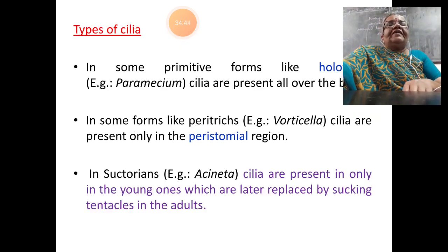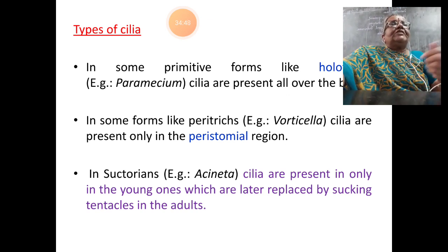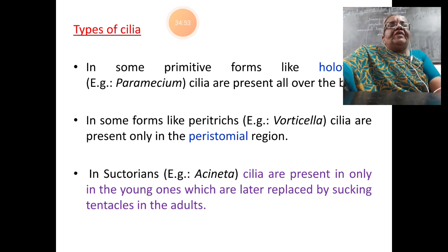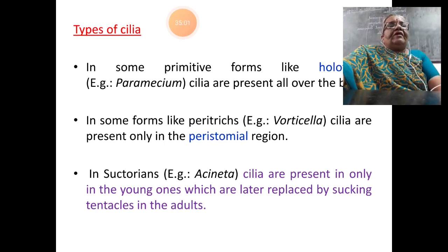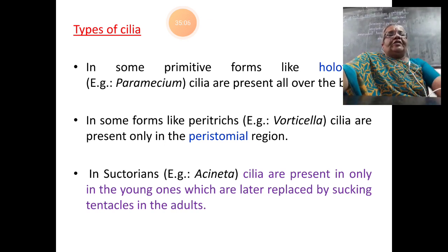Then types of cilia. In some primitive forms like Holotrichs, that is order Holotricha, to which paramecium belongs, cilia are present all over the surface of the body, whereas in some forms like Peritrichs, example Vorticella, cilia are present only in the peristomial region.